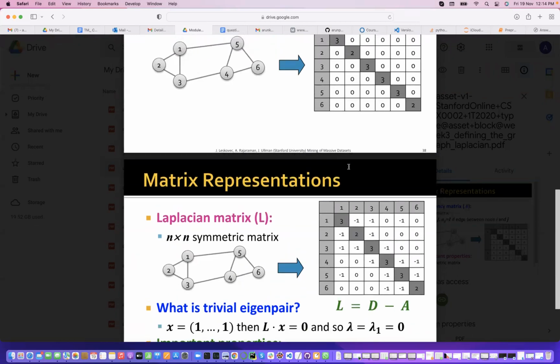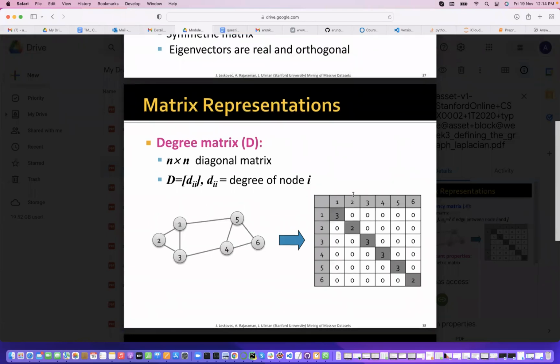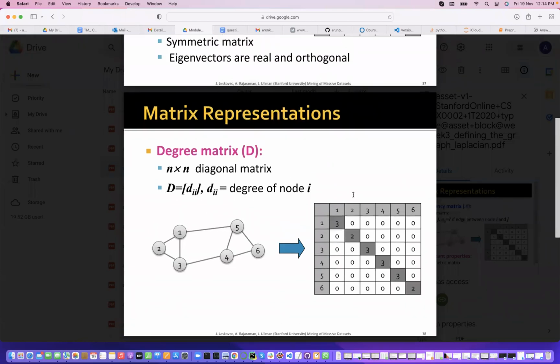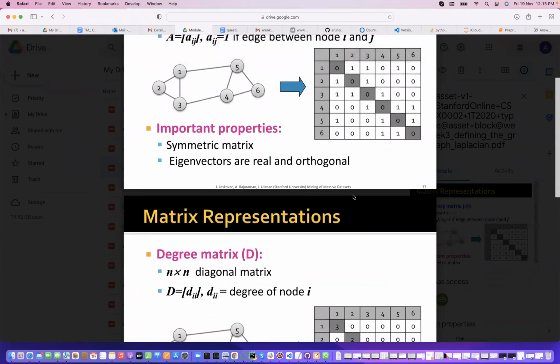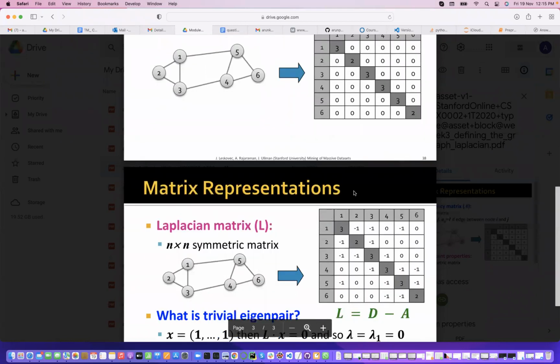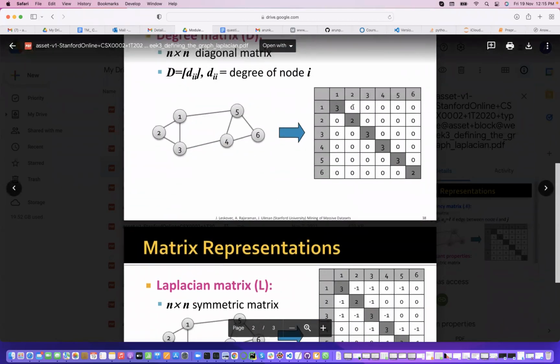you're getting -1, -1. Why are you getting -1, -1 here? Simply you need to see D minus A. All zeros you have right here in D, except the diagonal.